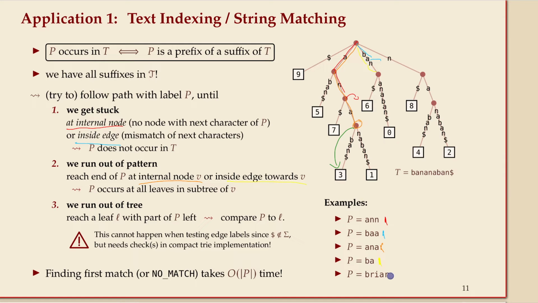And now the last one might be more interesting. That's my color for corrections. So Briar. That's a tricky one. We would normally say after this B, we fall out of the tree because there's no R. So what this shows is if you have the compact trie, you would actually just look at the first character and that matches. So you would jump over these and then A matches again.